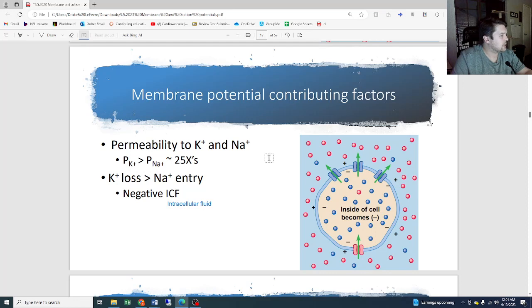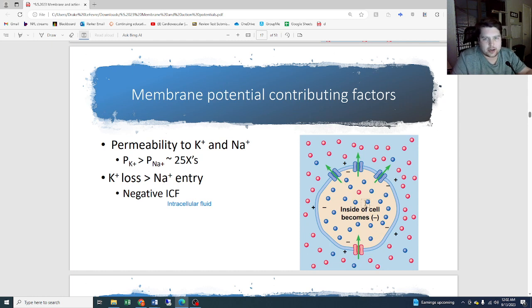So, continuing, a lot of this is essentially saying the exact same thing. We have potassium sneaking out slowly and sodium coming in, because overall we have a negative intracellular fluid, ICF. Again, this is just repeating how the inside of the cell continues to become negative because of the potassium going out, and also because of the proteins that are already inside of the cell.